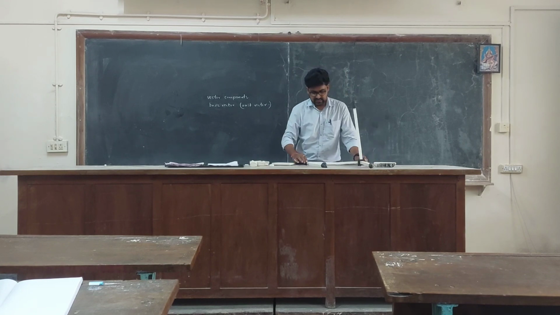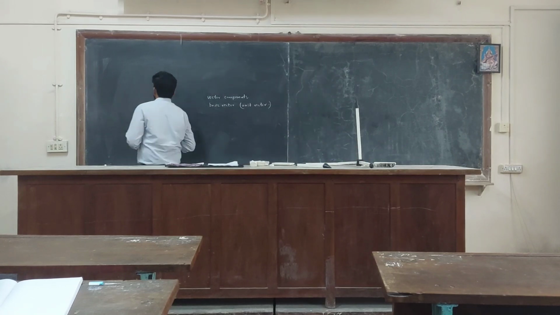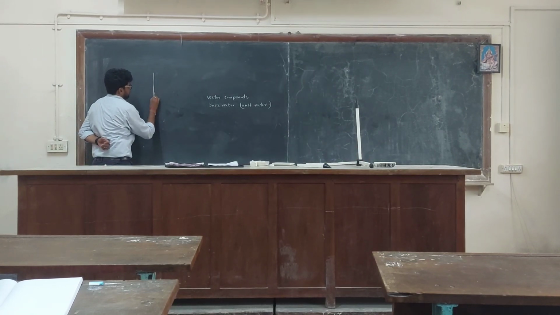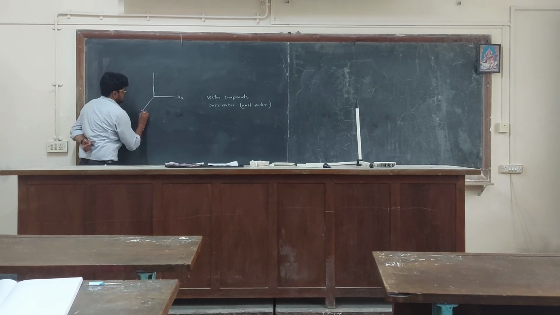Imagine that this is the x-axis, this is the y-axis, and this is the z-axis. For reference, I will write the same thing on a board as well. This is the x-axis, this is the y-axis, and this is the z-axis.